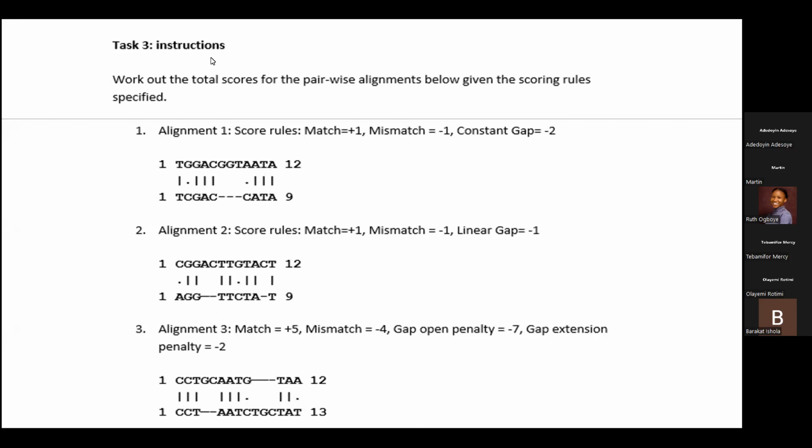Has anyone attempted number 3 yet? No one?